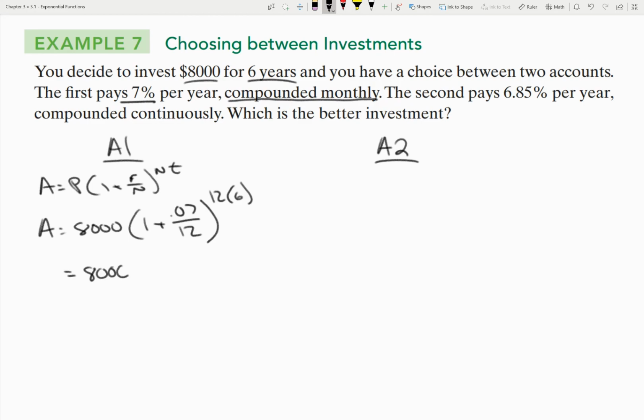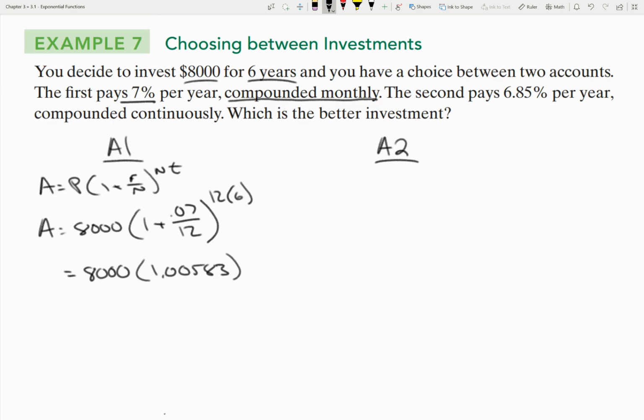So let's take this a little bit slower. 1 plus 0.07 over 12 gives me 1.00583. You're going to want to keep as many decimals as you can. In fact, it's better to just leave it in your calculator, so that you get as accurate a number as you can.